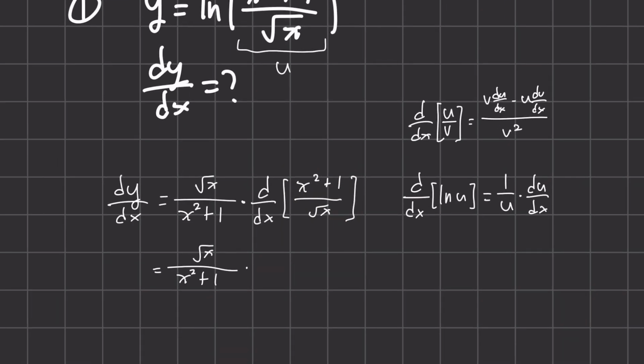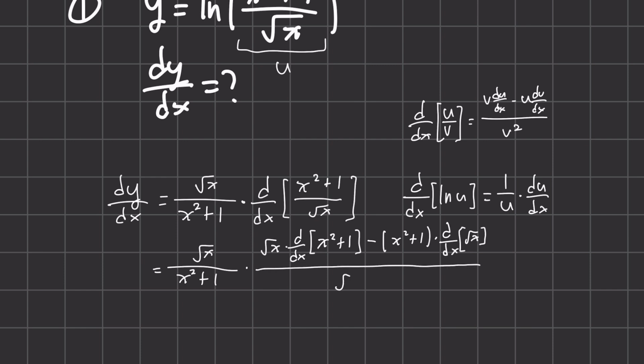So just applying the quotient rule, we get root x multiplied by the derivative of the top, x squared plus 1, minus the whole thing, x squared plus 1, multiplied by the derivative of square root of x. And it's all of that over the square root of x squared.